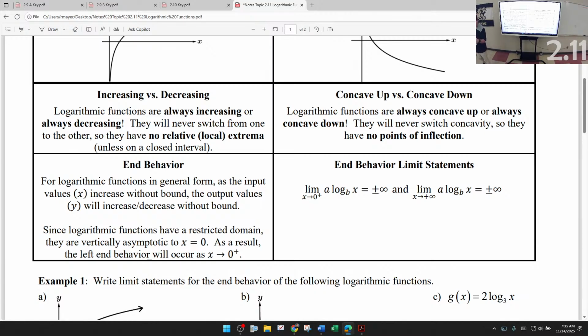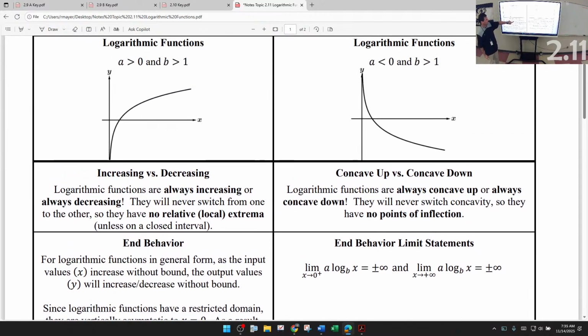It's the inverse of it. They have no maxes or mins unless they have restricted domains, and if they're restricted domains, the min will be here and the max will be here. They're always concave up or always concave down. They don't ever change concavity.